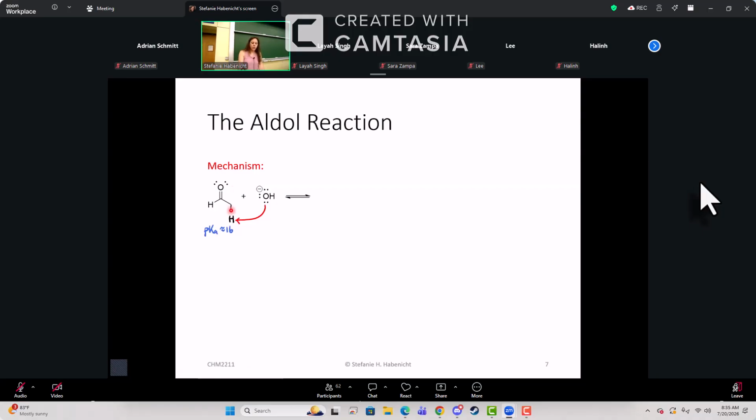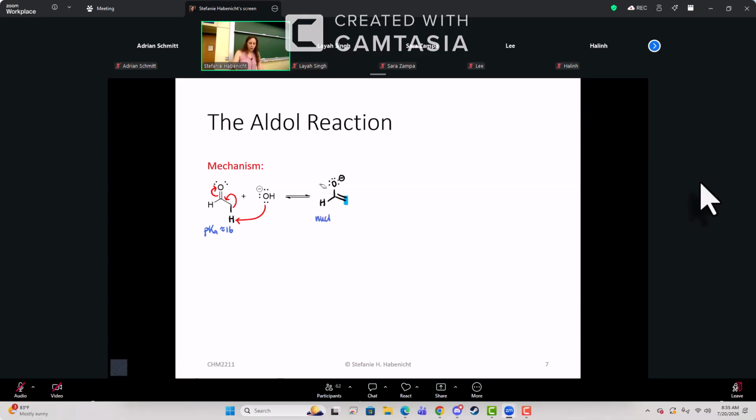And I'm not going to push these CH bond electrons onto the alpha carbon because I don't want to draw the minor resonance contributor. I want to arrive at the major contributor. So I'm going to push my electrons all the way over and into the carbonyl group to again arrive at that major resonance contributor with a negative charge on oxygen, while remembering that the charge is delocalized, is shared by oxygen and carbon, and the enolate anion is a carbon nucleophile.